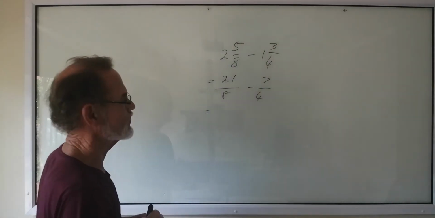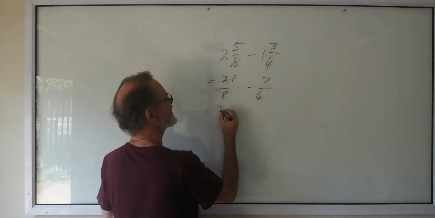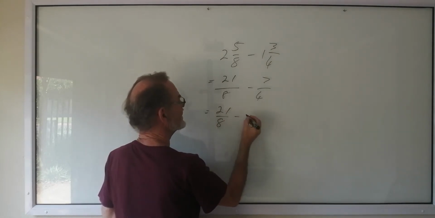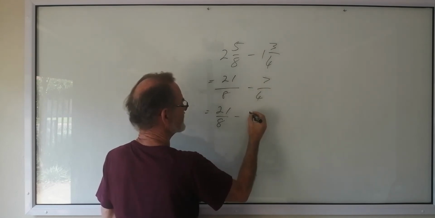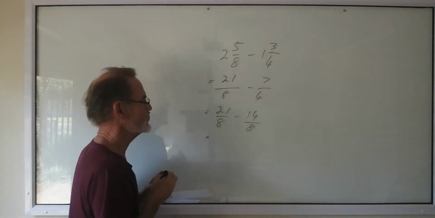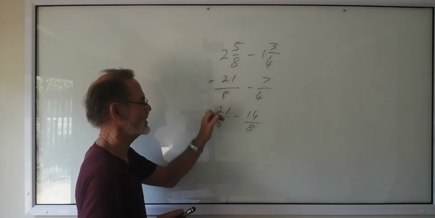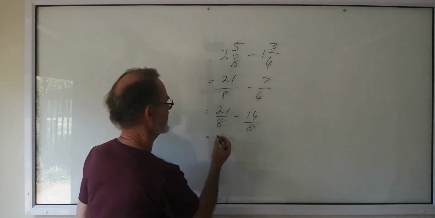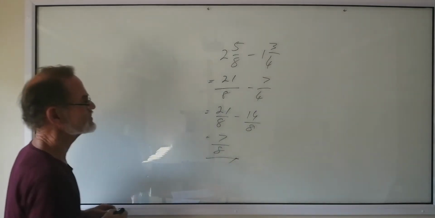Now we need to get the denominators the same. This 8 is alright, but that 4 is not. So we can say 21 over 8 minus, going to multiply by 2 here. 2 at the top, 2 times 7, 14, 2 times 4, 8. Now we've got 21 minus 14 over 8. 21 minus 14, 20 minus 14 is 6 and 1 is 7. 7 over 8. And there's our answer, 7/8.